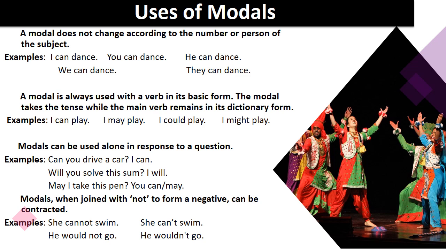So after a modal verb, we always use the first form of verb. But the exception is if after a modal verb you have used have, then we can use the third form of verb. I could have played.